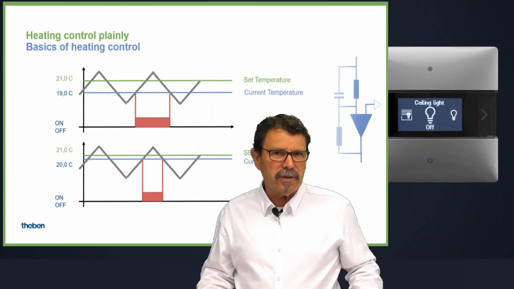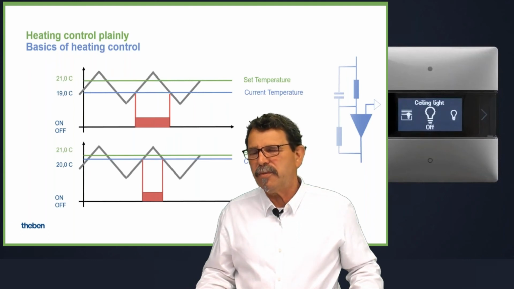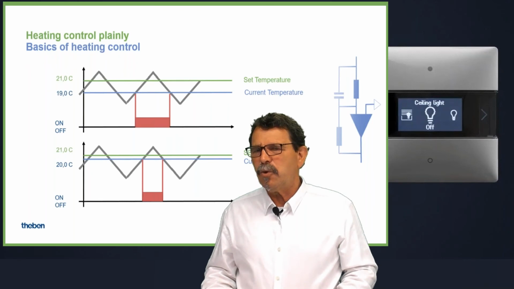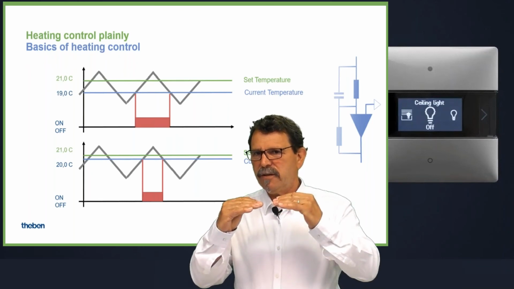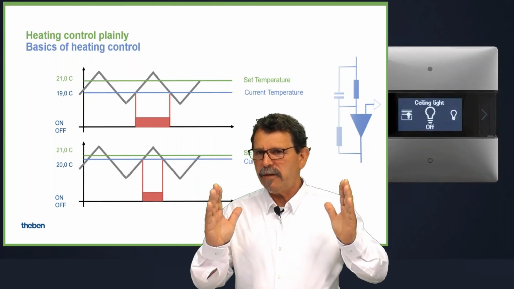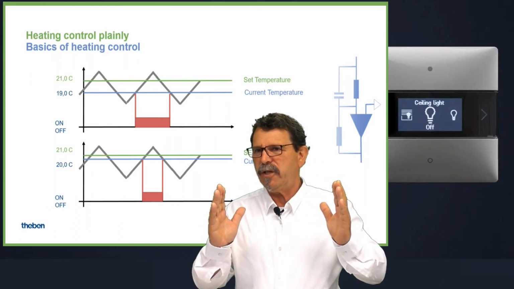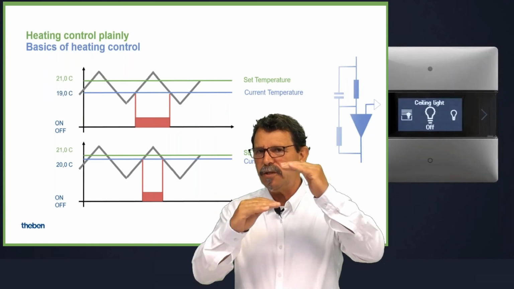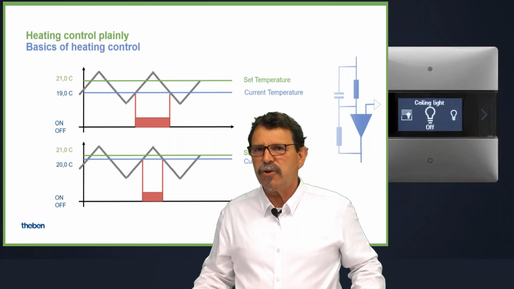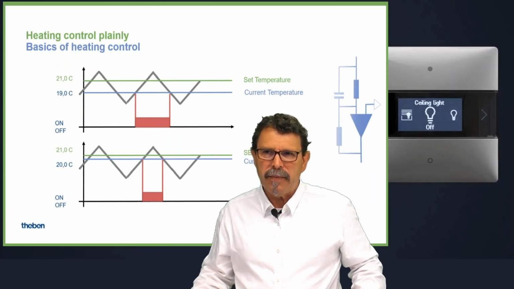But if you open the bus monitor and have a brief look at the current heating control value, which is given in percent, you might understand now: the farther you are from your desired temperature, the bigger the percentage value of the heating command is; the closer you come to your desired temperature, the shorter this heating control command becomes.